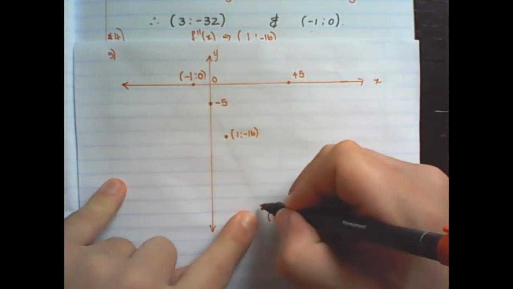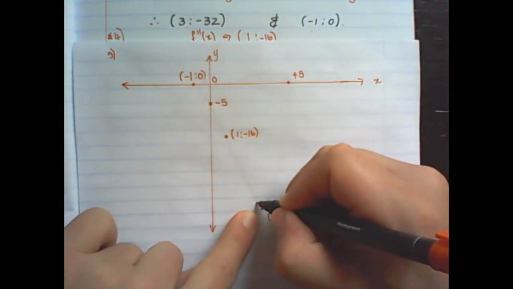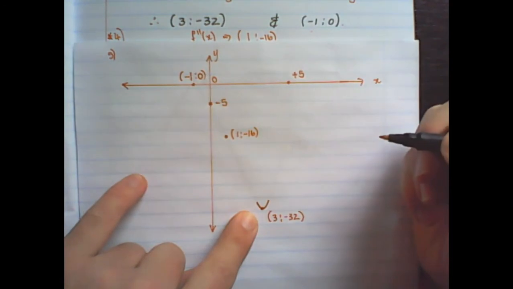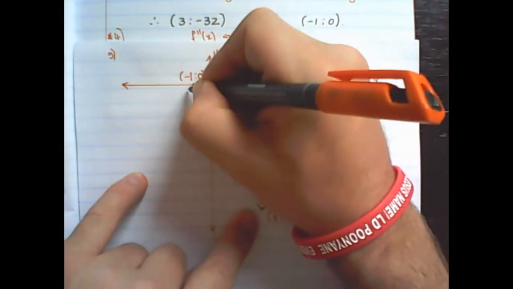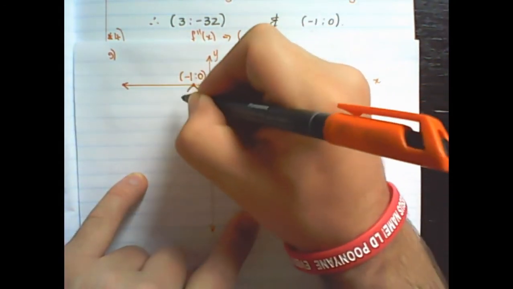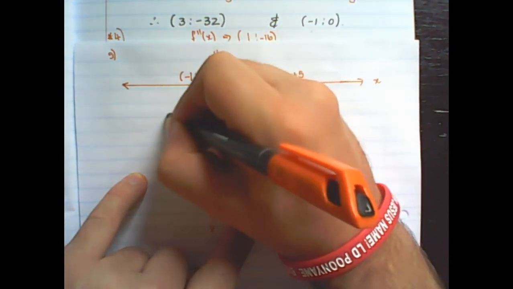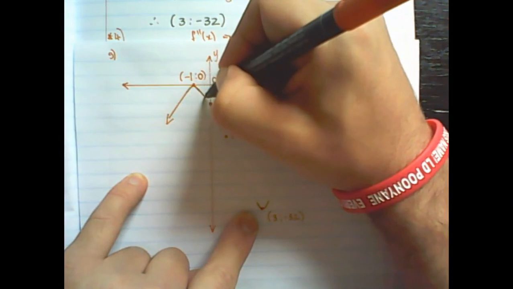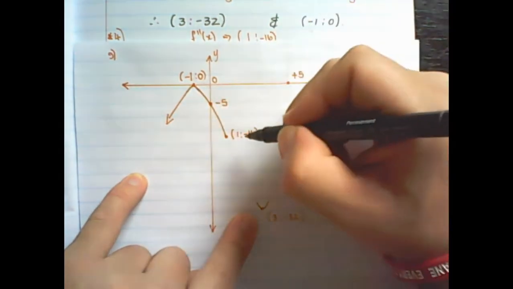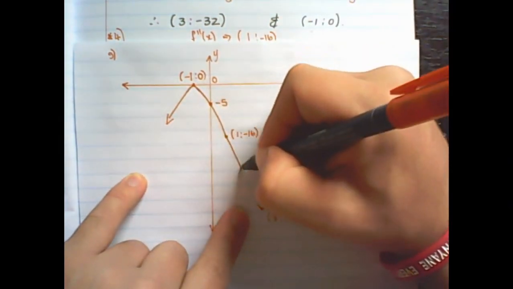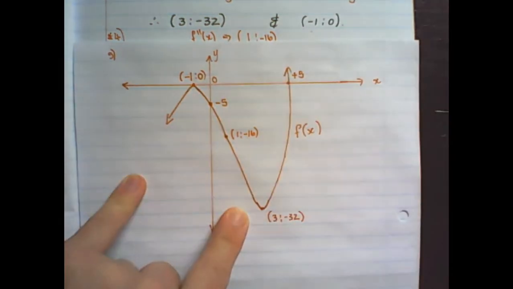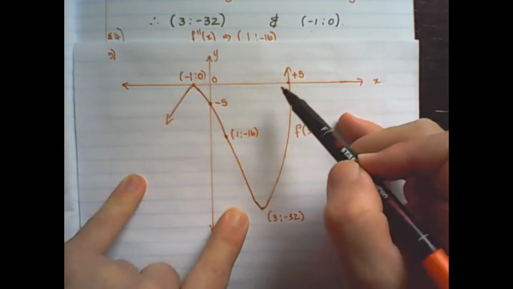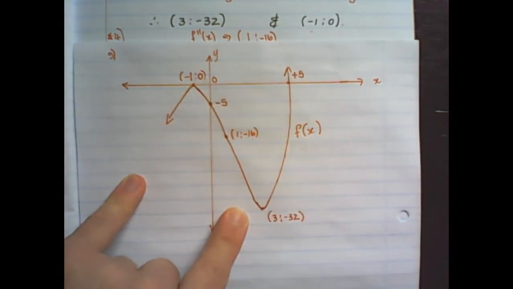Now, because this is a stationary point, we know that it's a turning point, and that stationary point will also be a turning point. So now I simply connect the dots. As far as possible, try and connect the dots with a curve. So by connecting the dots, I can see that this is the function of f(x).